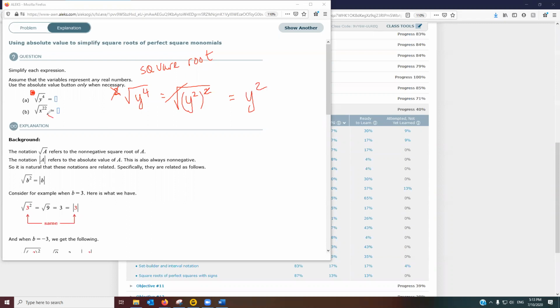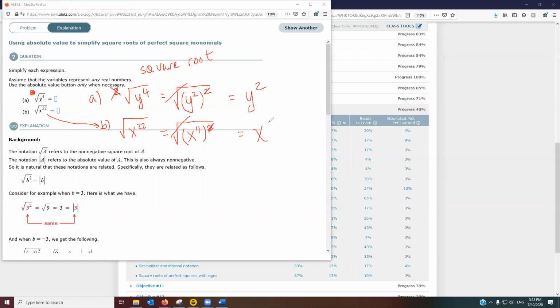Let me come to example B. This is the square root of x to the 22. I'm going to rewrite this as x to the 11 raised to the 2. So I'm intentionally trying to write the quantity underneath the symbol as a quantity to the exponent 2, because then I could think of the square root as canceling out the 2.